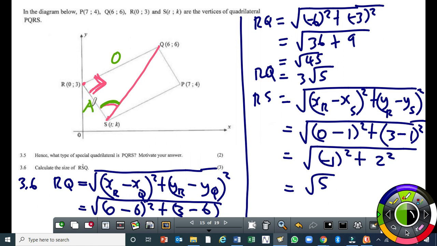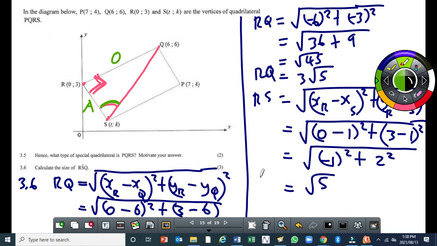So I have to use tan to calculate that angle. Alright, so I found the length of RQ and I found the length of RS. So I have to use trig ratios to find the answer.